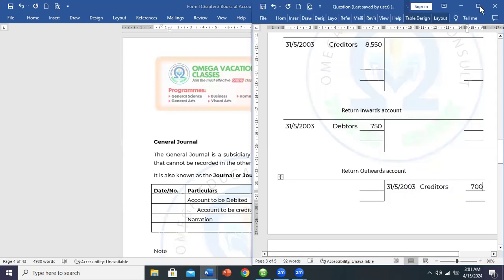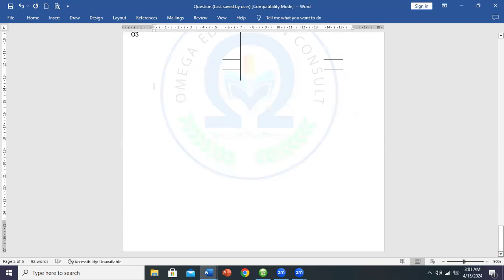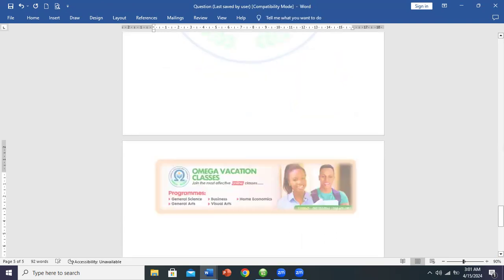Okay. So you can copy this down in your exercise book and attempt it for me. When this session ends, you are going to take a screenshot and send to my WhatsApp. Okay. So record the following. Please, are we on the same page? If there's anything, let me know.